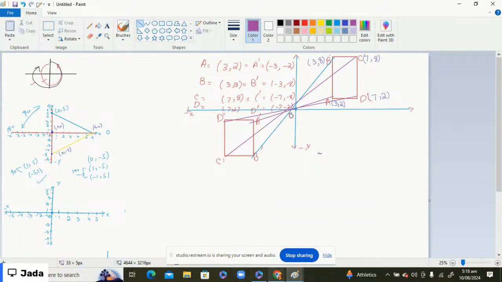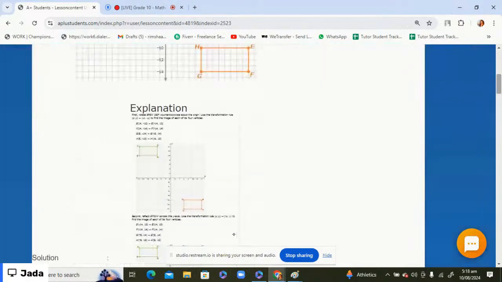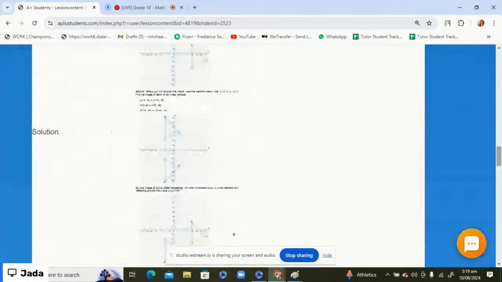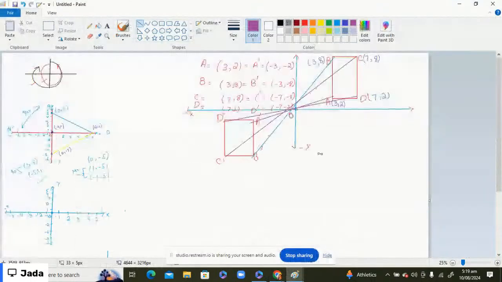Hope you guys understand how to do the 180 degree transformation. This is the proper way I explained it. A can be changed into both negative, then you just check it on the graph. I'm not drawing all the points here, so you draw all the points properly, then check them one by one.